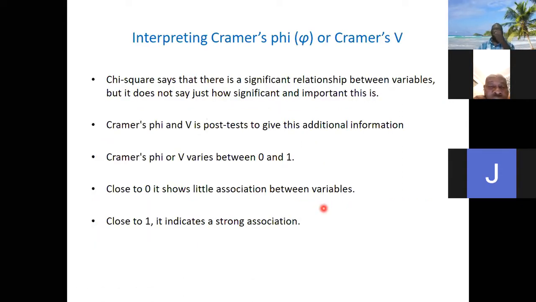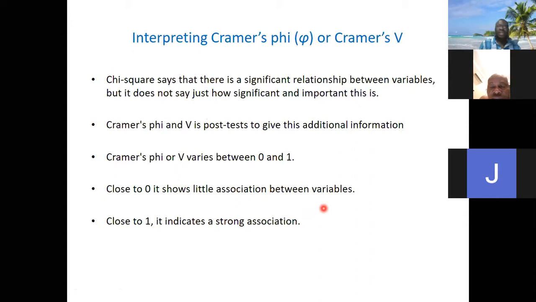How do you interpret this Cramer's phi and V? Please, you can be chatting your question. Chi-square says that there is a significant relationship between variables, but it does not say just how significant and important this is. So Cramer's phi and V is more like a post-test to give additional information after you have done your chi-square.